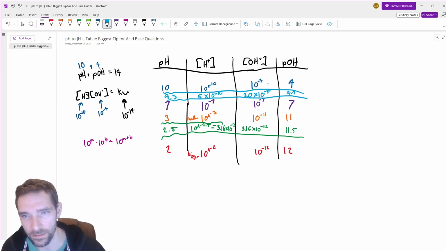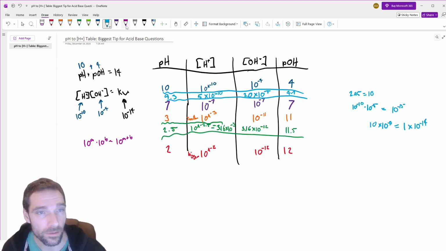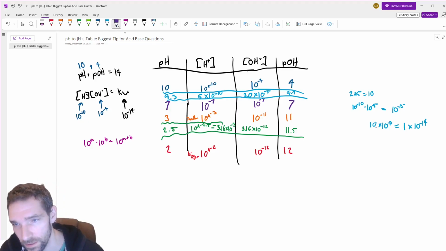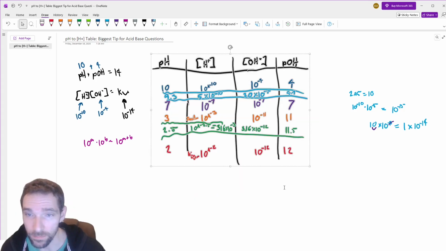And you can see that 2 times 5 gives you 10, and then the 10 to the negative 10 times 10 to the negative 5 is 10 to the negative 15. So 10 times 10 to the negative 15 is the same as 1 times 10 to the negative 14. In other words, if you are making this 10 times smaller, then you need to make this 10 times bigger to get that 1 times 10 to the negative 14. So if you get that overall relationship, then you should be able to solve for any pH and pOH.